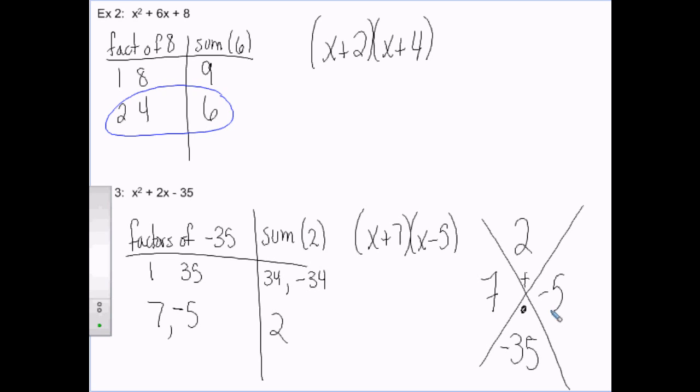Either way works, you just have to manipulate the signs. If the 35 was positive, it would be positive 34. If the 35 was negative, it would be negative 34. So, it depends. Does that make sense?